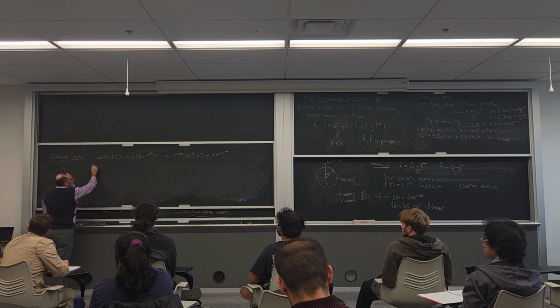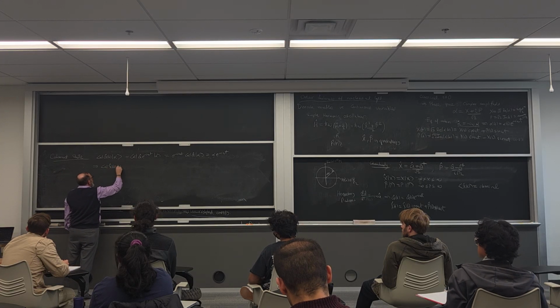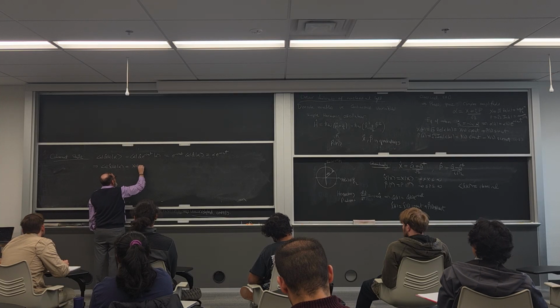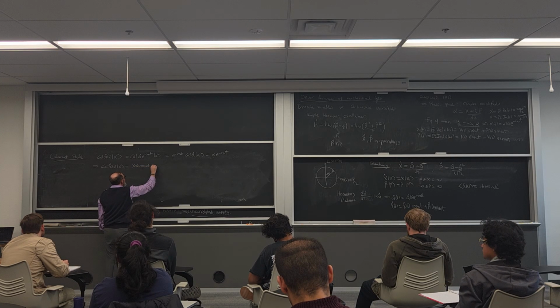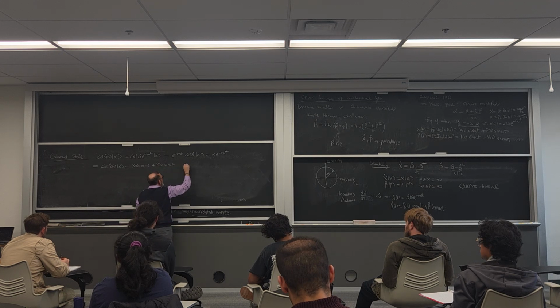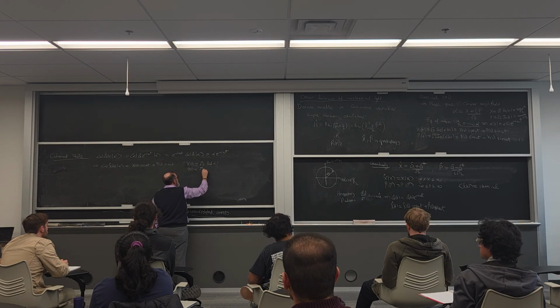Okay, so what that means, of course, is that the mean of x of t is equal to x of 0 cos omega t plus p of 0 sine omega t. That's a harmonic oscillator. So I repeat, x of 0 is equal to the square root of 2 times the real part of alpha, and p of 0 is the imaginary part.